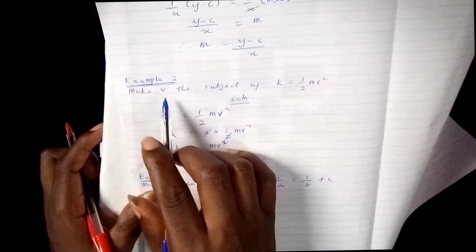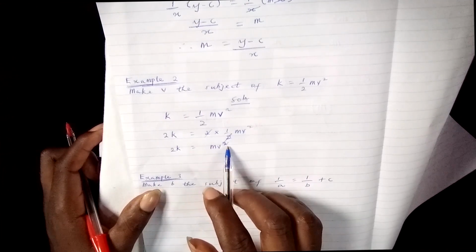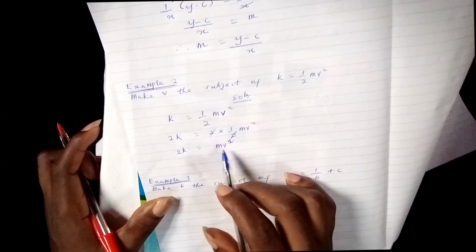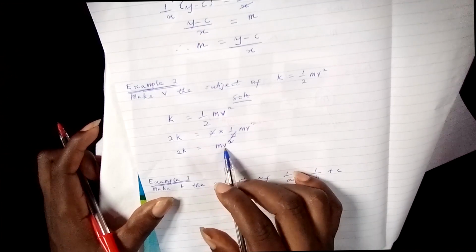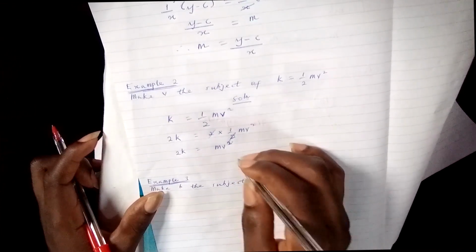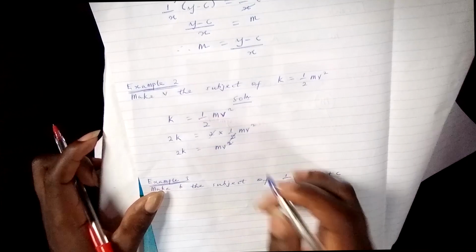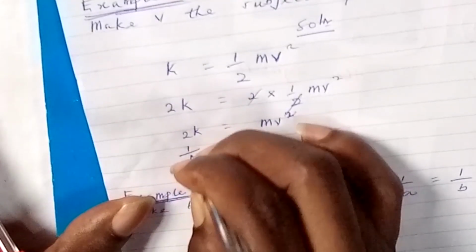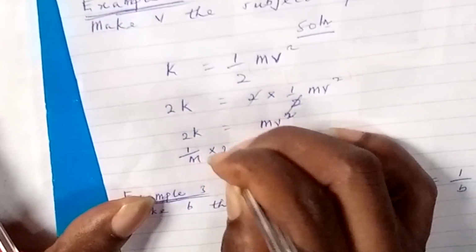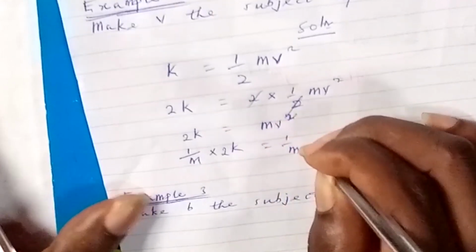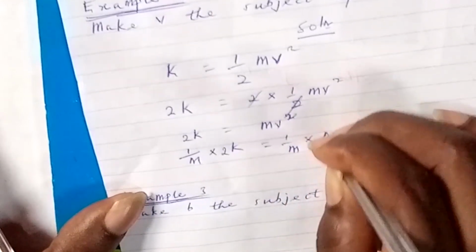Now we want to make only v the subject, not mv square the subject. So what can we do to eliminate this m? Now the m is multiplying v square, so we have to find a multiplicative inverse of m, and that will be 1 over m. Therefore, if you multiply through by 1 over m, 1 over m times 2k is equal to 1 over m times mv square.